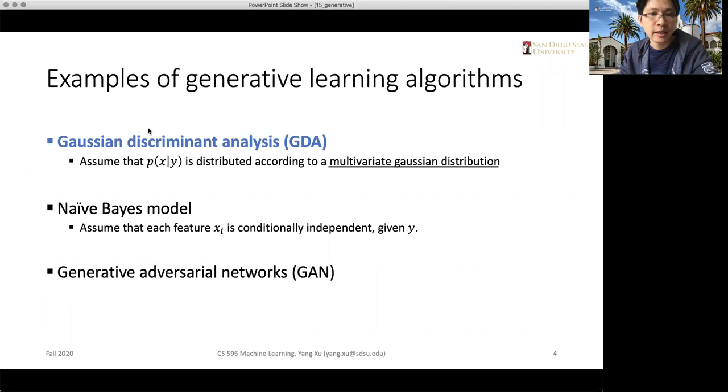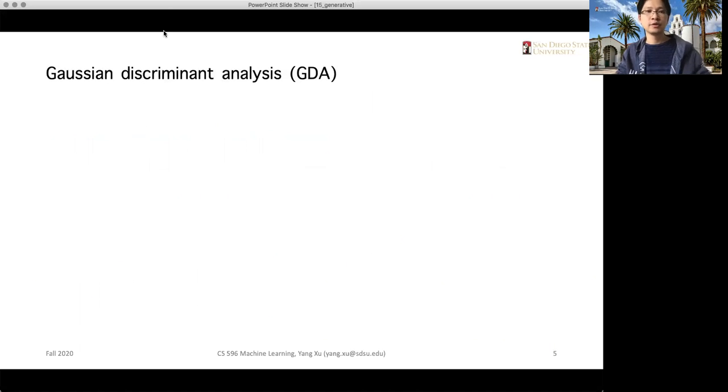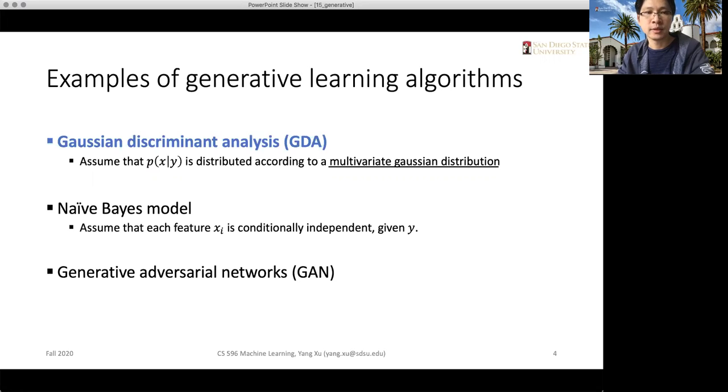All right, let's look at the first model, which is GDA. It assumes that the likelihood probability, or the conditional probability of x given y, has a multivariate Gaussian distribution. Okay, in the previous lecture, we already used this multivariate Gaussian distribution to model clusters in unlabeled data, right?